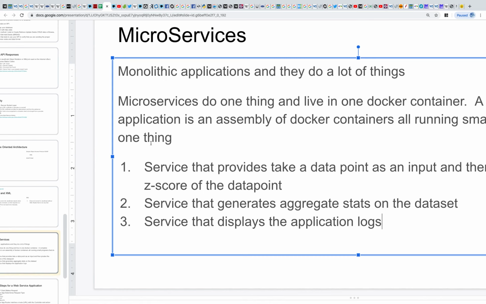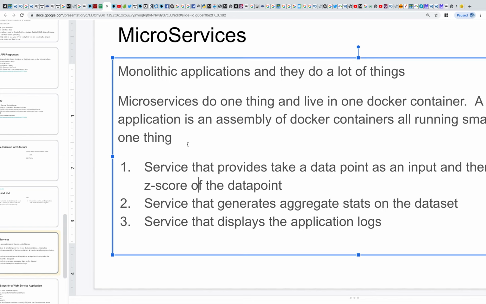So a monolithic application would do all three of these things inside of that app. In a microservice, there'll be three Docker containers. One Docker container runs one app, and that does the z-score. Another app does the aggregate statistics. Another app does the log reading.